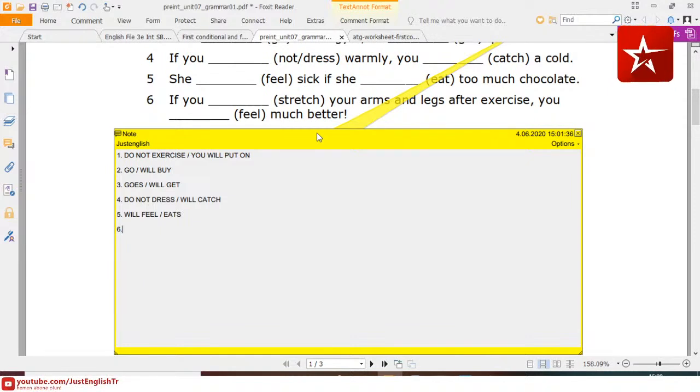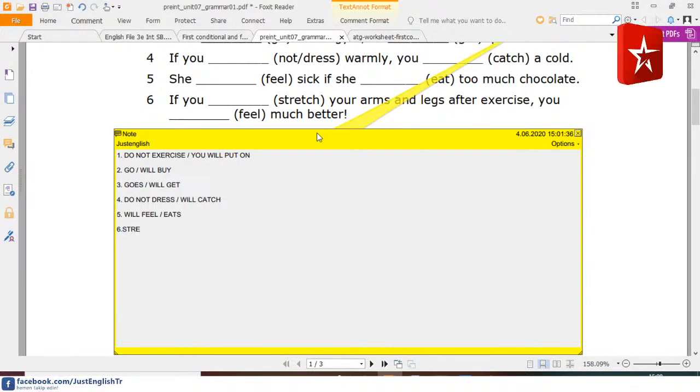It's time to talk about number 6. Number 6, if you blah blah blah your arms and legs after exercise, you blah blah blah much better. So which answer is correct? Number 6, they say stretch. If you stretch, yes.